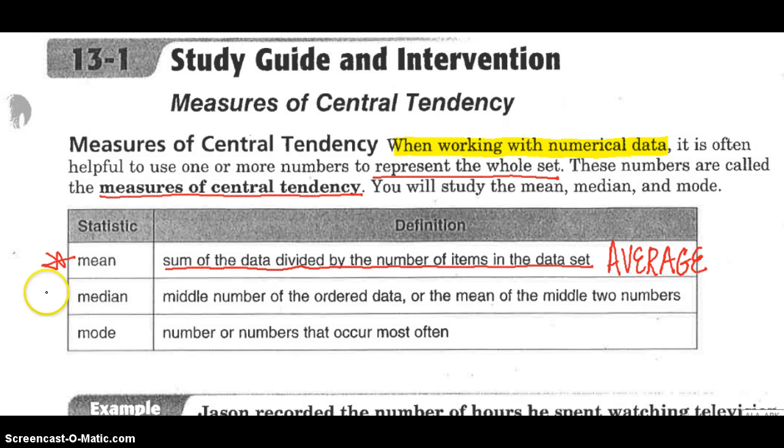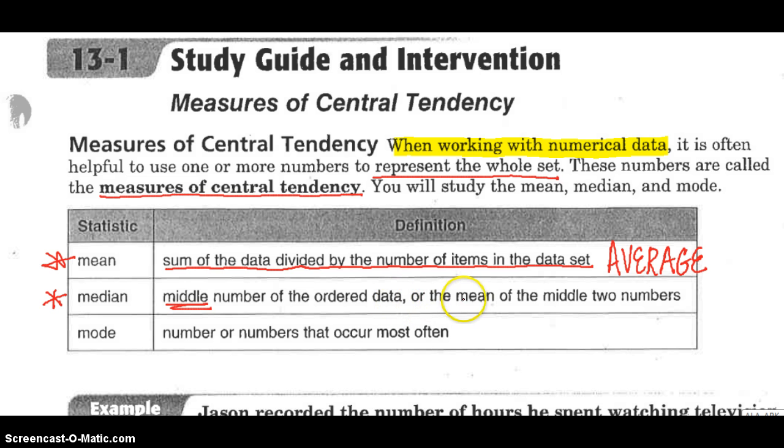All right, another central tendency is a median. So when you line up all the numbers from least to greatest, it's the middle number. Like a median is in the middle of a road, the median of statistics is the middle number of the ordered data.